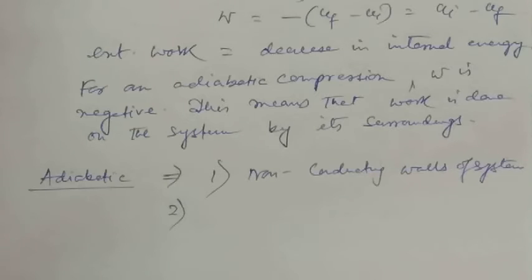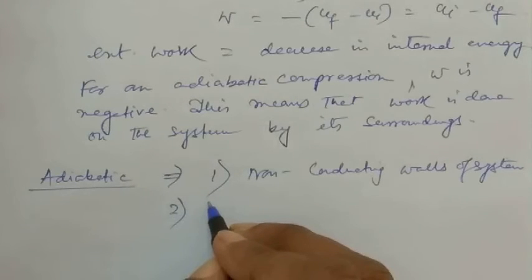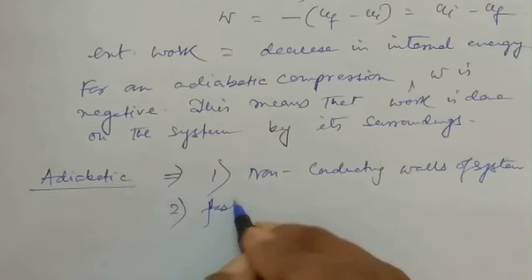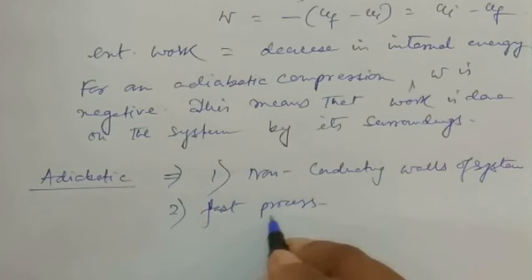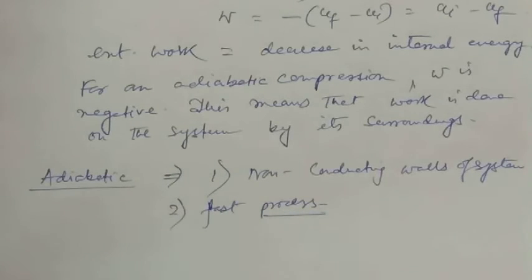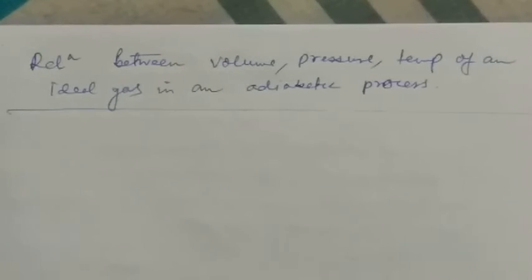We keep hot water in the flask, which has non-conducting walls, but if after 8 to 9 hours you find the temperature of the water in the flask has gone down. So here the process should be very fast. Very fast process. Because if we do not give time, then also we are not allowing heat to move.